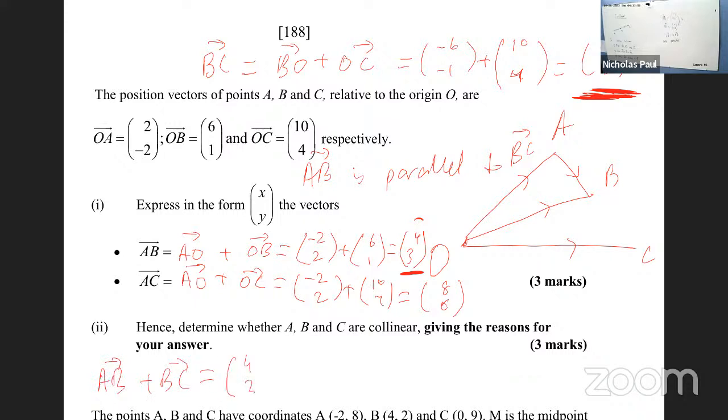AB is 4, 3. BC is 4, 3 as well. When you add them, you get 8, 6, which is the same as AC. Therefore, they are collinear. Okay? Please write the correct statement. Write the statement.